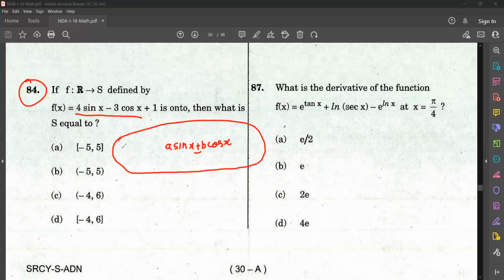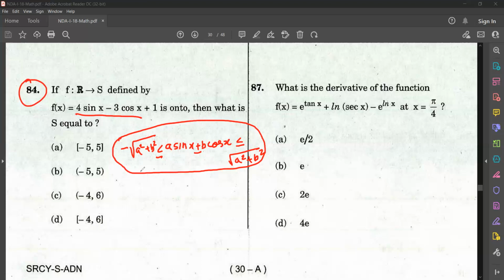In this case, negative root of a square plus b square is less than or equal to this function, which is less than or equal to root of a square plus b square. So a sin x plus or minus b cos x will lie between negative root of a square plus b square to positive root of a square plus b square.